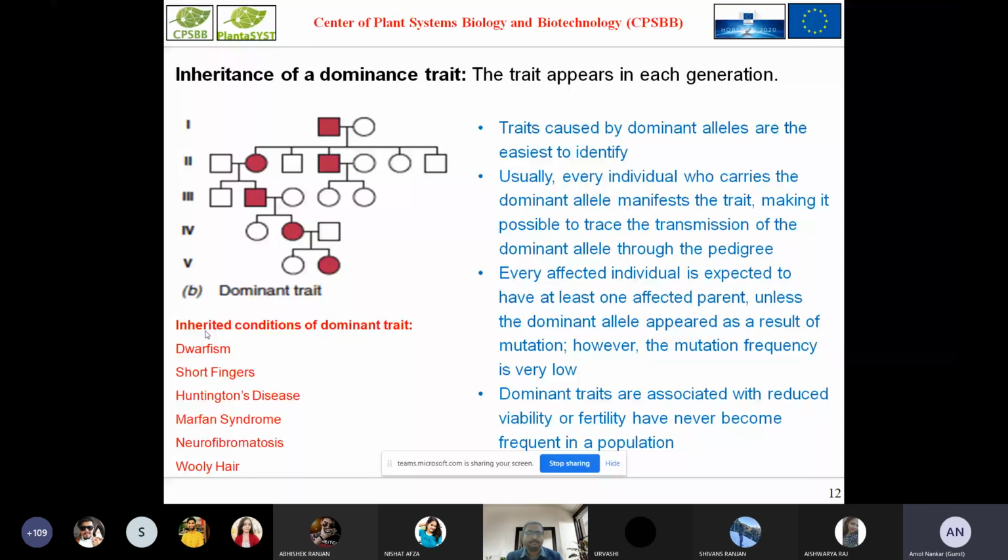A dominant trait is very easily detectable. We have seen this from the pea experiment, and the same thing happens in humans also. For example, a hitchhiker's thumb or an attached earlobe is very easily detectable.